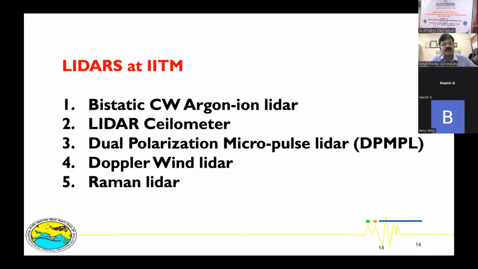So now coming to the LIDAR applications in our institute. I think we started almost 3 decades back, even when I joined IITM. There was a bistatic continuous wave argon ion LIDAR. I think it is almost similar to the one established at the same time at Vikram Sarabhai Space Center.